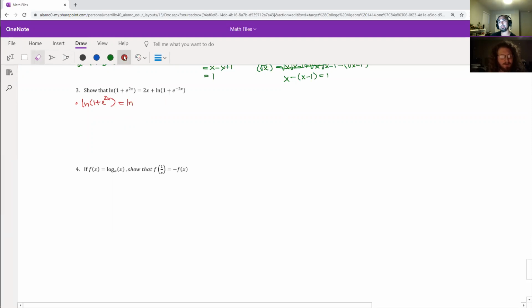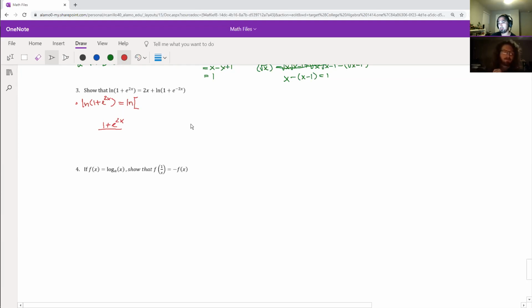Oh, that's gross. Okay, so check this out. If you take 1 plus e to the 2x and you divide each of these terms, is there a preferred order to break down these types of problems?